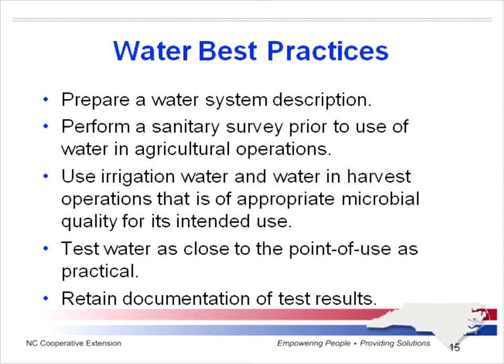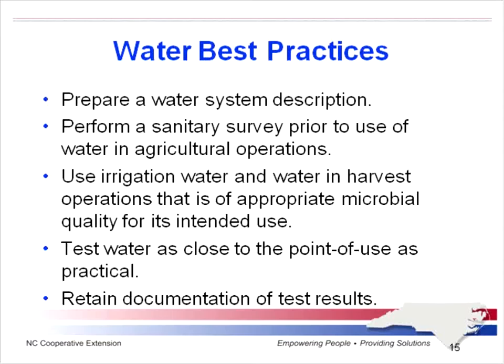We're going to cover a few best management practices for water, and these will become part of your farm's food safety plan. The first is to prepare a water system description. This is a basic, comprehensive description of where the water you're using on the farm comes from. Do a sanitary survey of that water system prior to the use of water for agricultural operations.